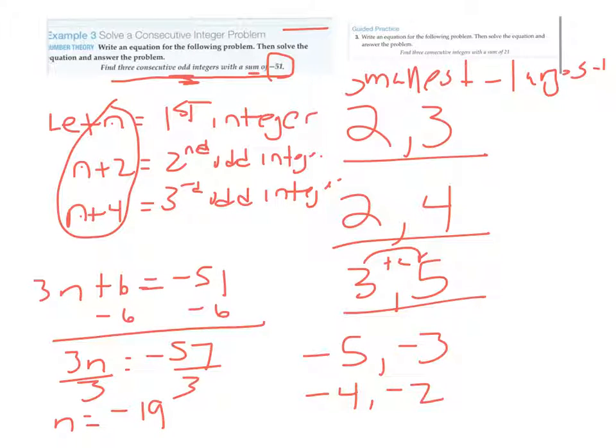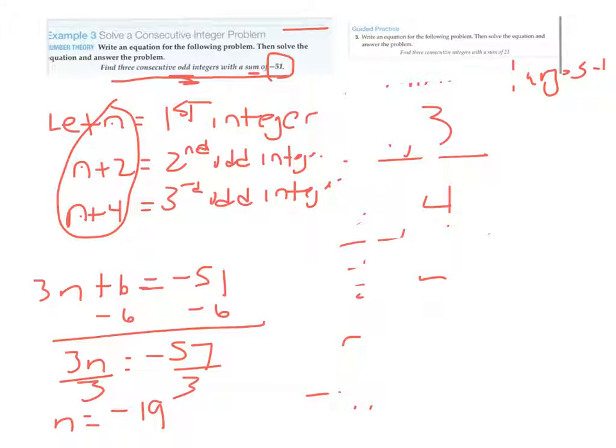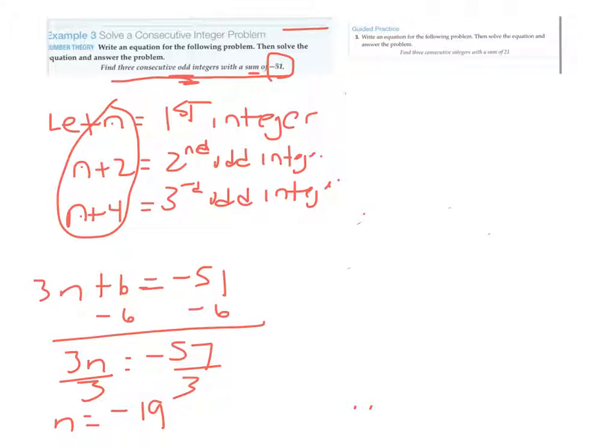So if negative 19 is our first one, then our next one would be a negative 17 going down, and the next one would be negative 15. These are consecutive, they're all odd, and if I add them up as a check, I get negative 51. So there's my check.